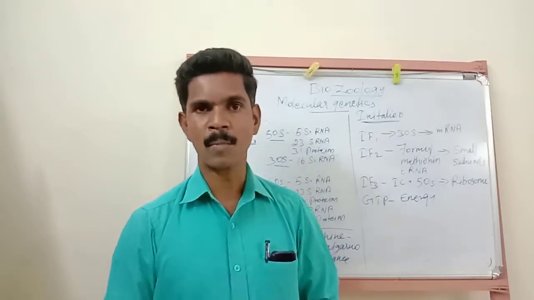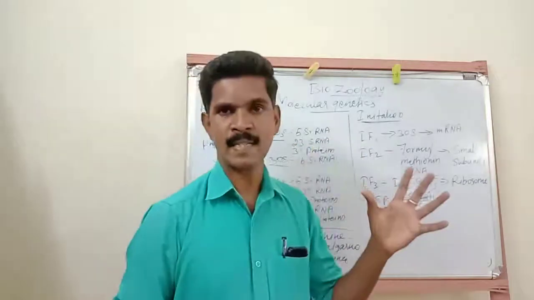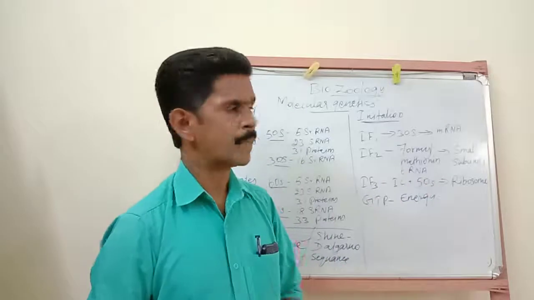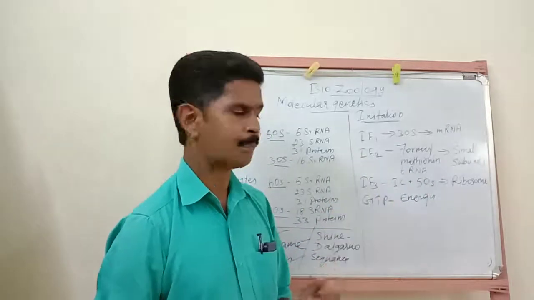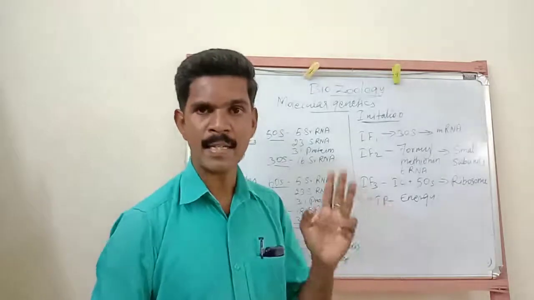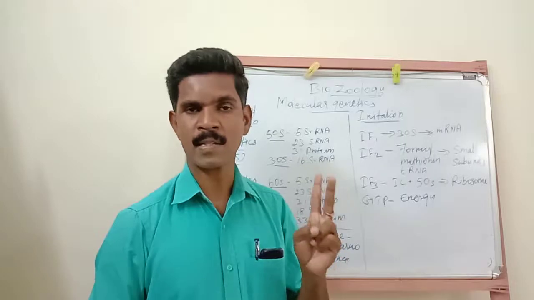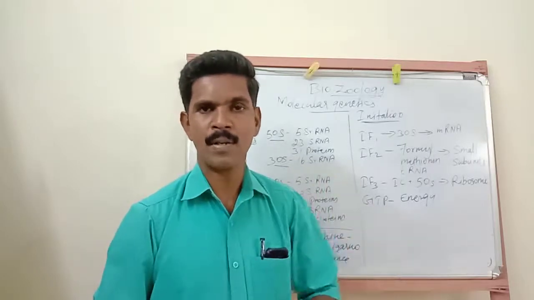This initiation complex consists of some components: the 30S subunit of a ribosome, mRNA, formyl methionine tRNA, one GTP for energy purpose, and 3 factors, initiation factor 1, initiation factor 2 and initiation factor 3.